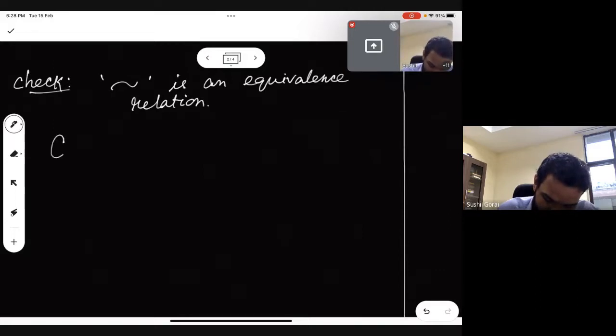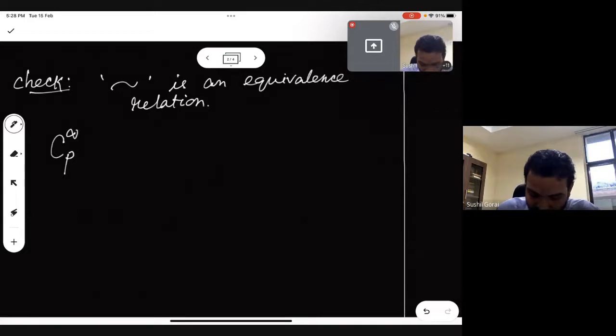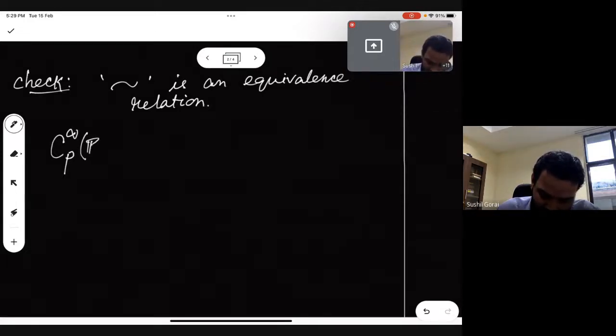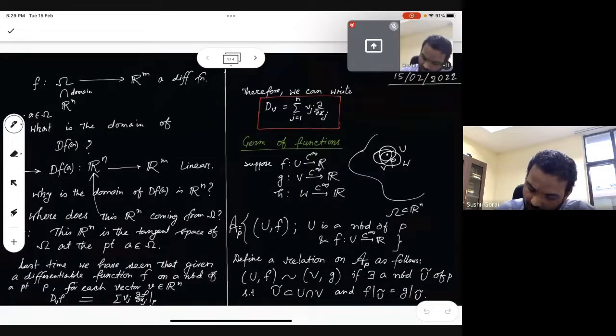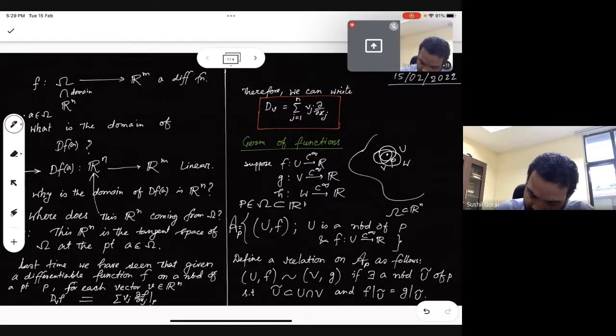So C infinity at P in R^n, because you have taken this P in Omega in R^n, that is fixed.